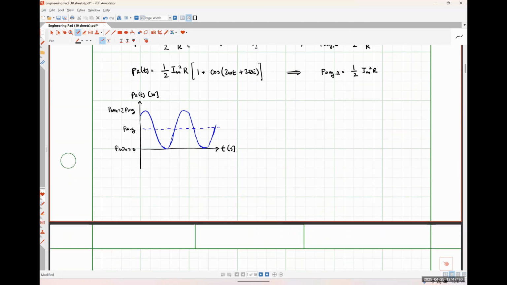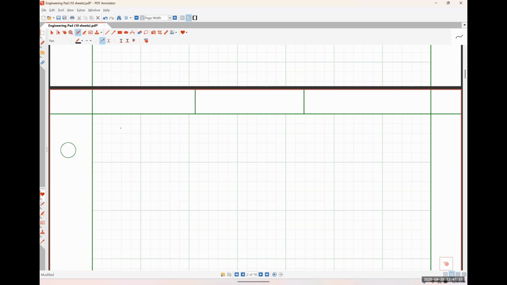Now, if we looked at an inductor, we know that the magnitude of the voltage drop across the inductor is going to be omega L, our reactance, multiplied by our magnitude of our current. And we should also know that the phase angle of our voltage should just be the phase angle of our current plus 90 degrees. Okay.